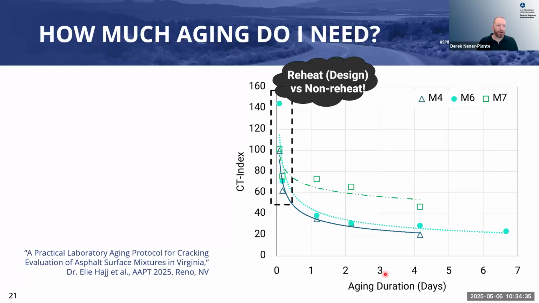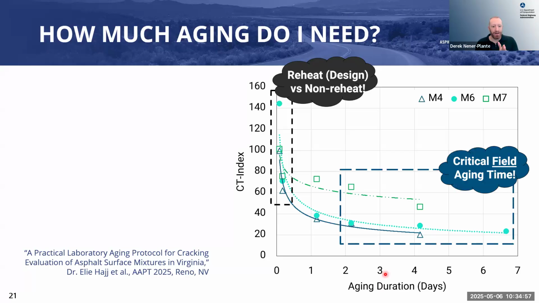And no matter whether we're non-reheating or even just reheating, even reheating is imparting a little bit of aging versus non-reheating. And that's been shown many times. There is an impact to reheating, but it's a fact of life for many that it has to be done. But either way, take that as a data point, as your anchor, your first value, right? And then compare it to the multiple days, right?